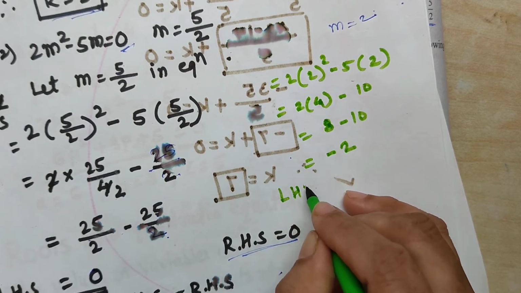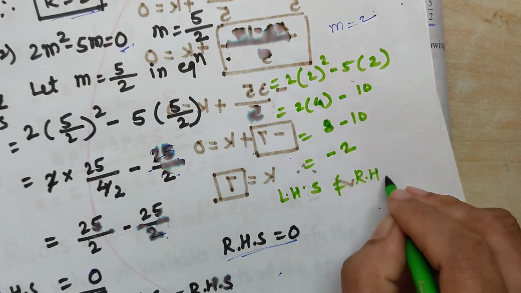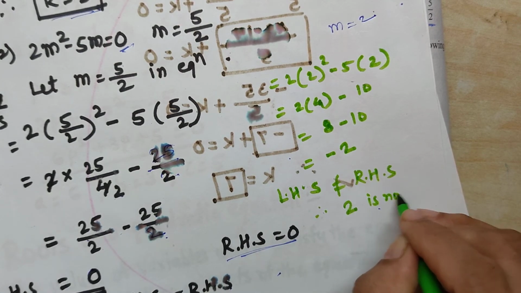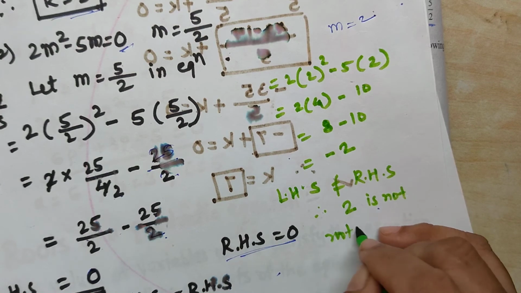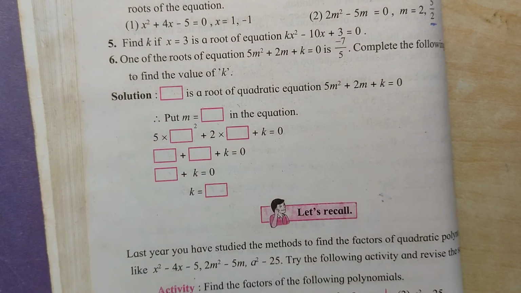Means LHS is not equal to RHS. Therefore 2 is not a root of the equation. In this way we will solve the examples.